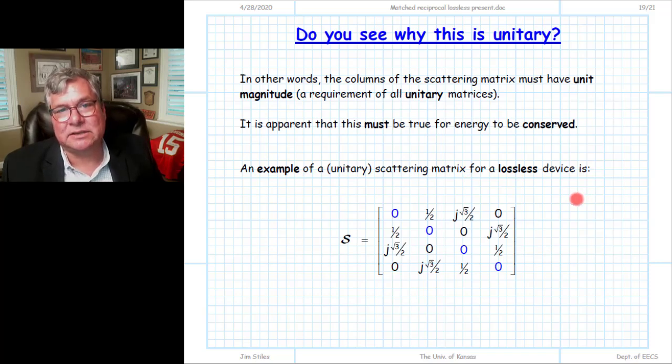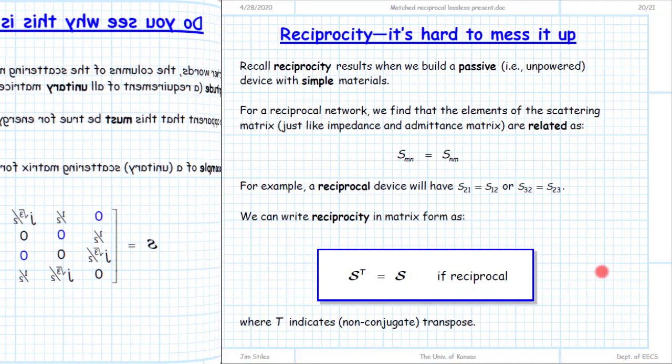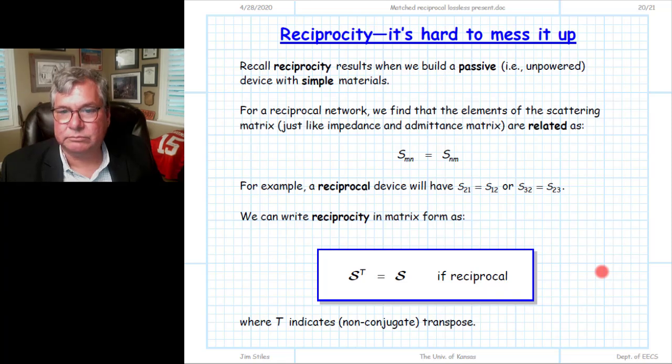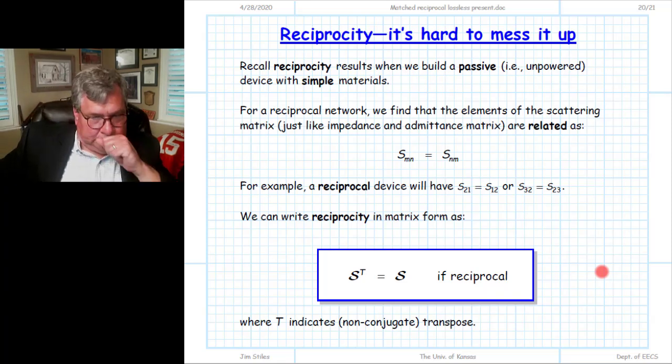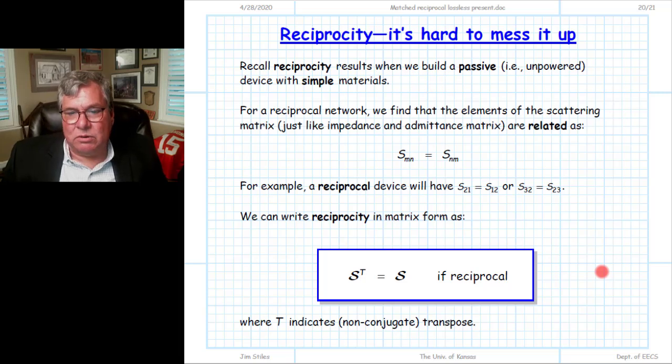And is there any coincidence or anything we can infer by the fact that our scattering matrix is likewise symmetric? What we infer from the fact that the scattering matrix is symmetric is that the device is also reciprocal.